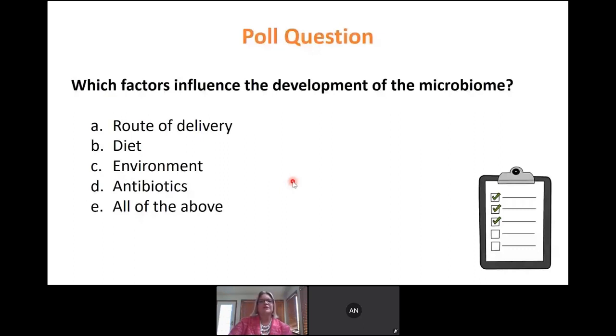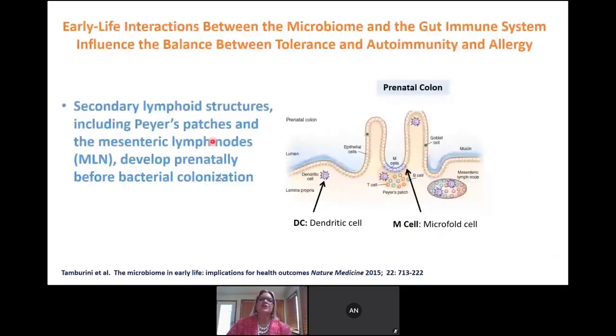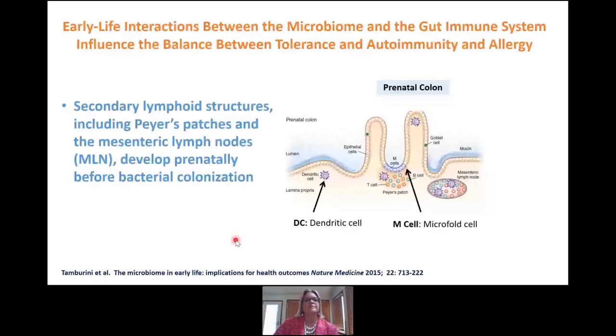Okay, so let's go to this last part. And again, this is such a complex topic that I'm just going to give you a very quick overview, being cognizant of my time. This is a very hot area of research.